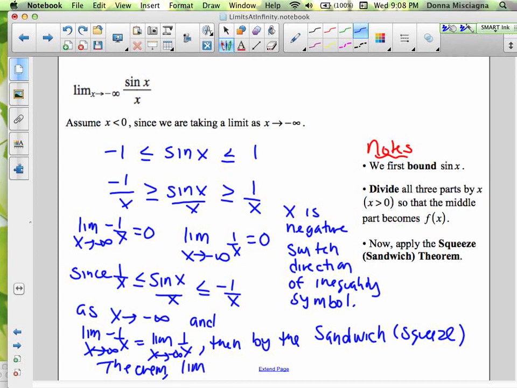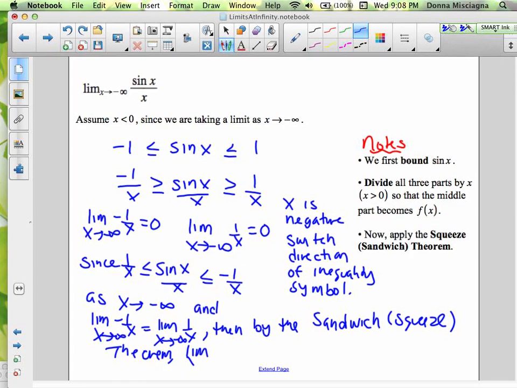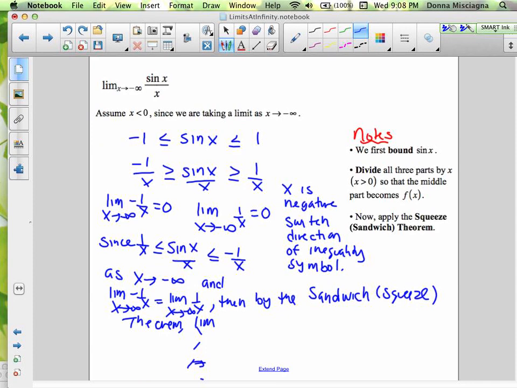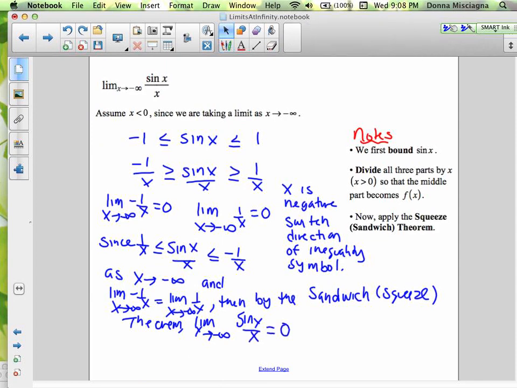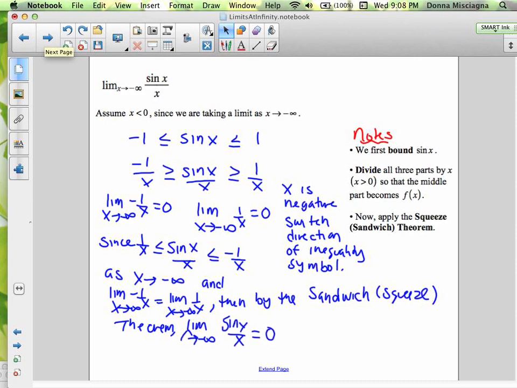The limit as x approaches negative infinity of sine x over x equals 0 too. There, we've done it. And we use the sandwich squeeze theorem to prove our limit.